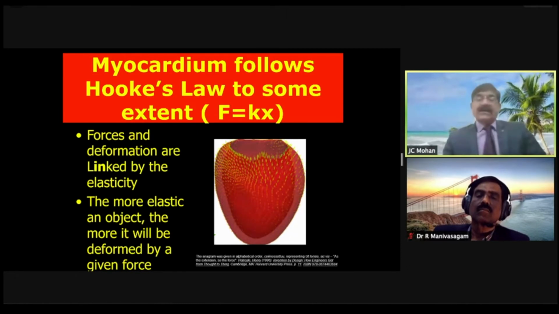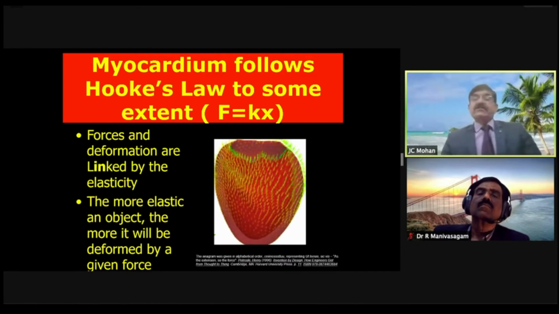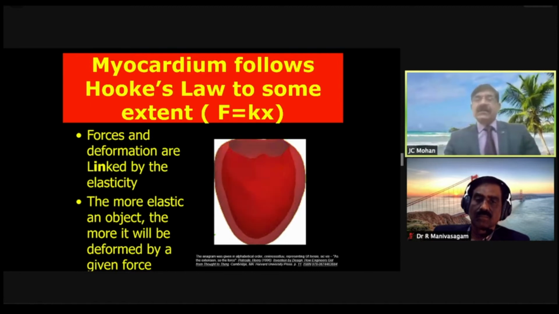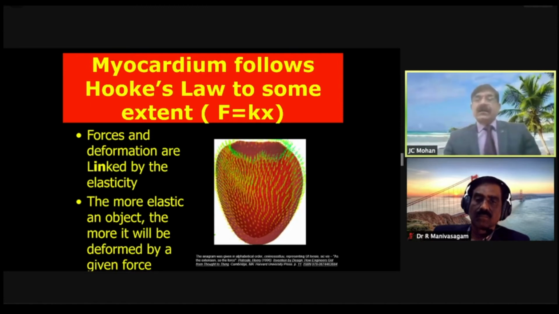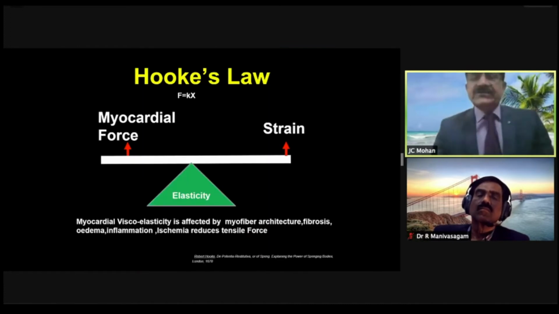But what changes elasticity? The elasticity of the myocardium can be changed by myocytic change in macro or micromolecular structure of the myocardium, extracellular volume, fibrosis, ischemia, and so on and so forth. So Hooke's law is simple. Myocardial force and strain are balanced by elasticity.